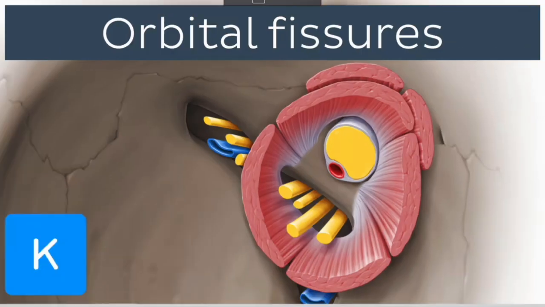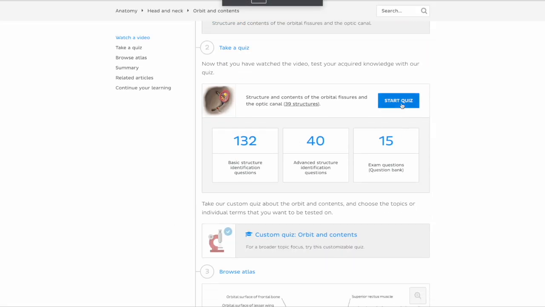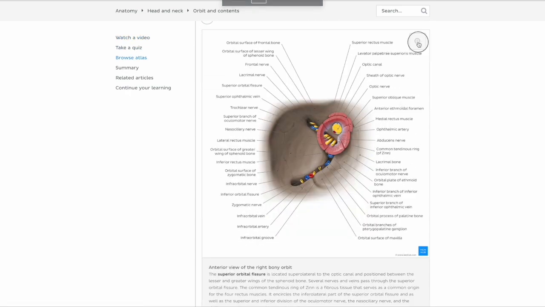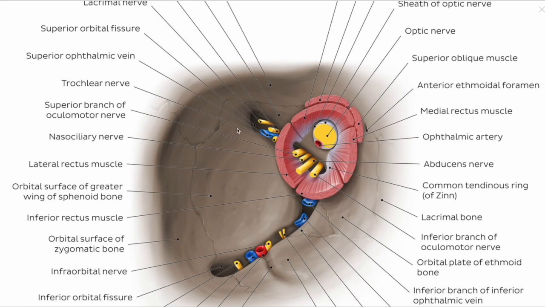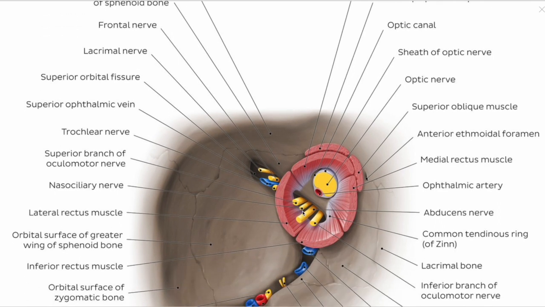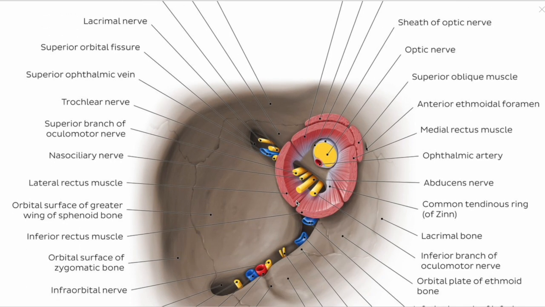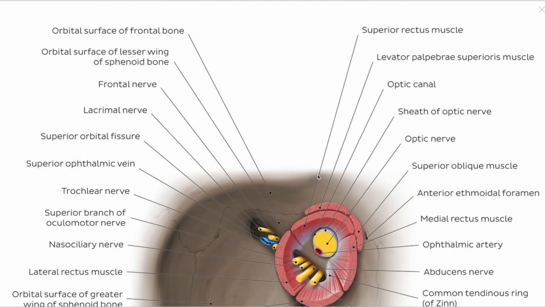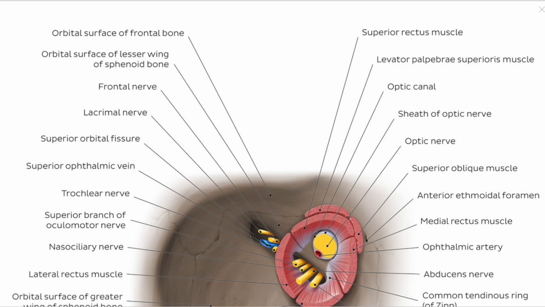There's obviously a video here, you can watch it all you want, you can quiz yourself, but I like to show you guys what's going through the superior orbital fissure, which is all the way down here. So you got the lacrimal nerve, the frontal nerve, trochlear, the oculomotor, and the ophthalmic nerve is very important here. The ophthalmic nerve, guys, that gives sensation to the eyeball.